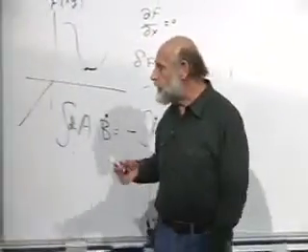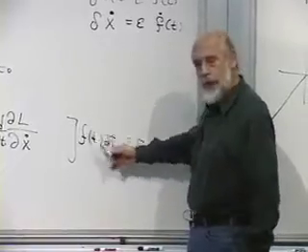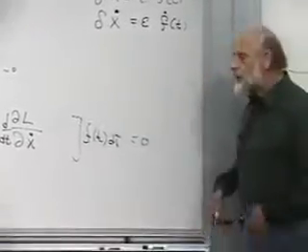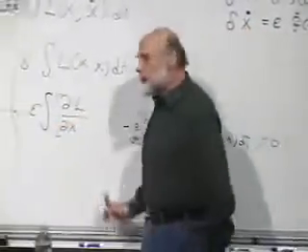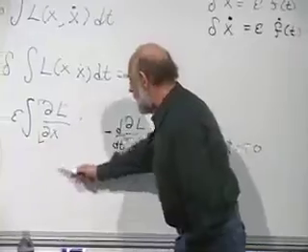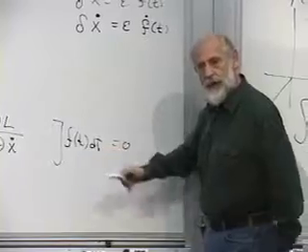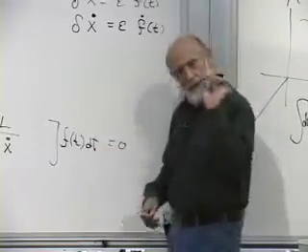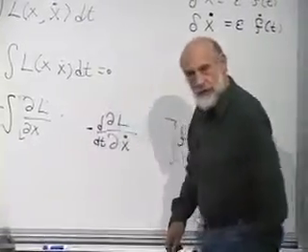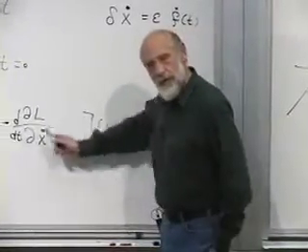Well, if you think about it a little while, you realize the only way an integral like this can be 0 for all possible f of t is for the thing that it multiplies to be 0. Supposing the thing that it multiplied here was not equal to 0 at some time, then we could choose a function of time, the f of t, that was narrowly concentrated near the place where we knew the thing in the brackets was not equal to 0, concentrated only in that region, and we would get something not equal to 0.